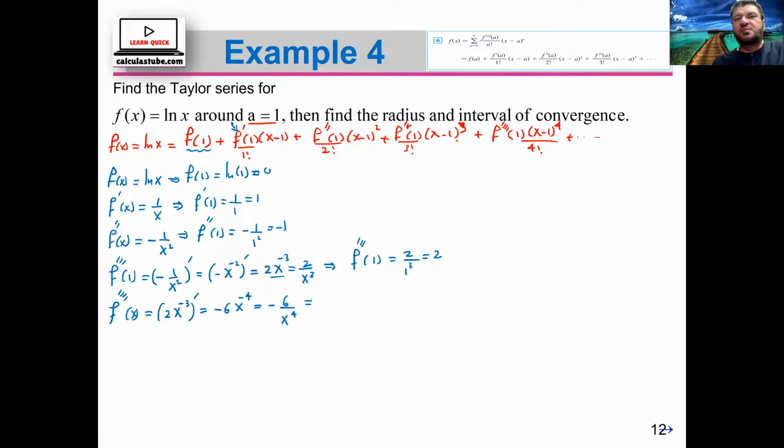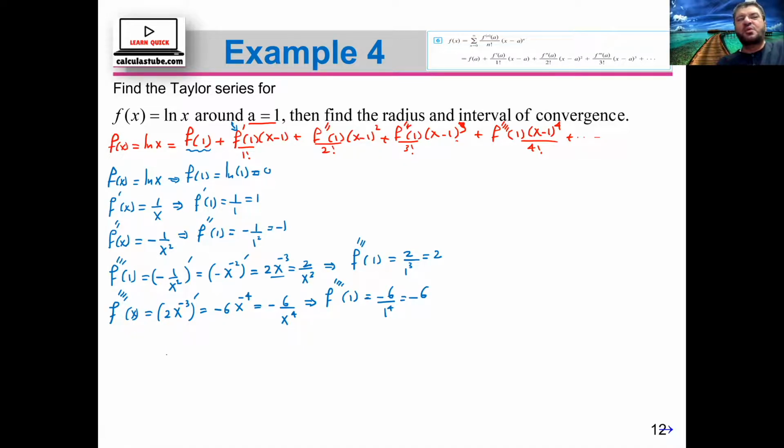And this implies that the fourth derivative at 1 is negative 6 over 1 to the 4, and 1 to the 4 is 1, so the answer is negative 6. So this is the fourth derivative of the function, guys.